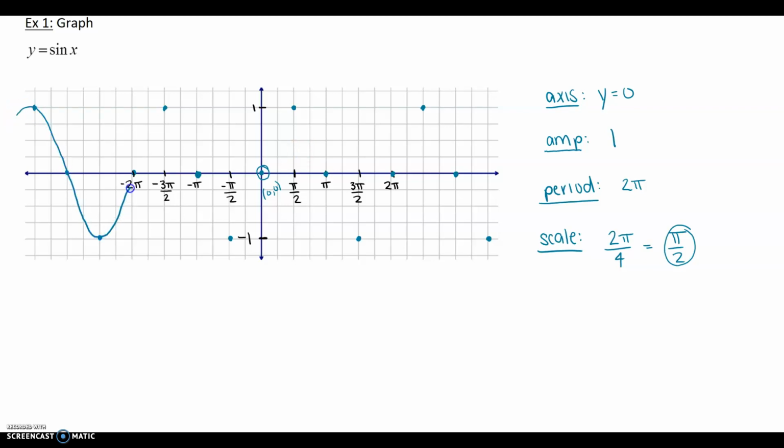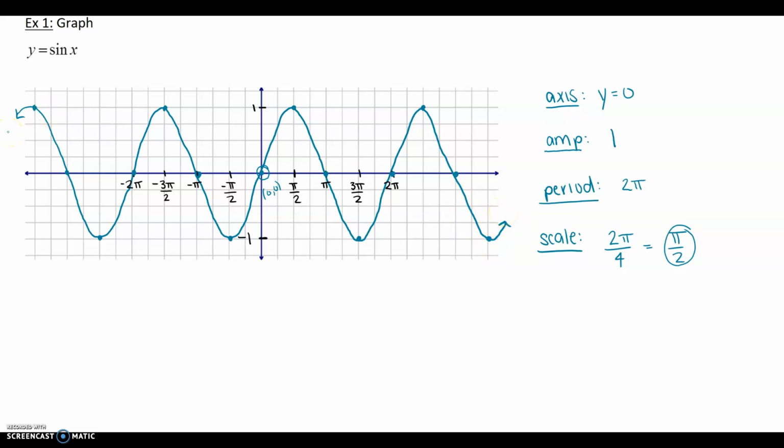If it looks zigzaggy at all, you will lose points. Don't forget those arrows. And even though we're ending at a max and a min on this graph, we have to make sure we show that it's turning back up or back down.